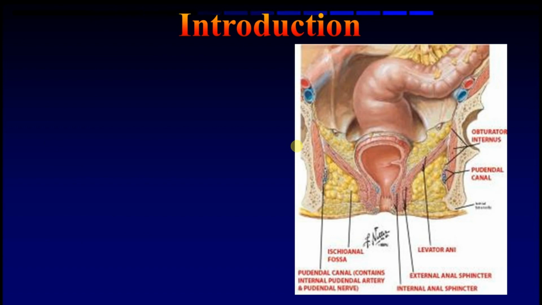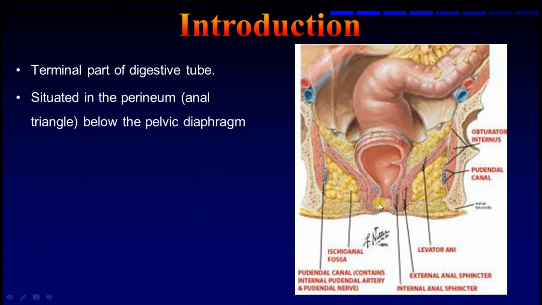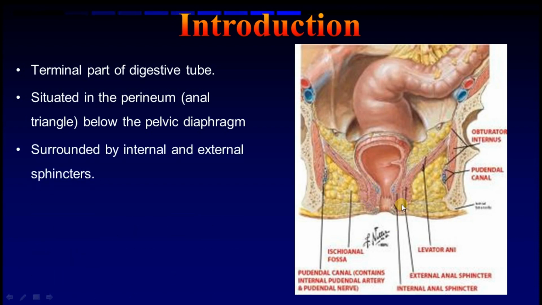The last terminal end of the digestive tube is the anal canal, 4 centimeters in length and situated in the perineum. So it is below the pelvic diaphragm, not in the pelvis but in the perineum, and it is surrounded by the internal and external sphincters, and the lateral walls are approximated.